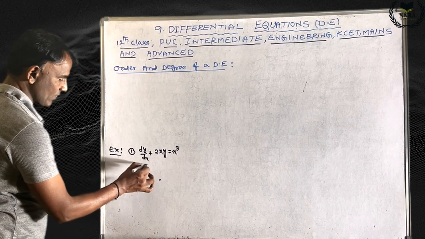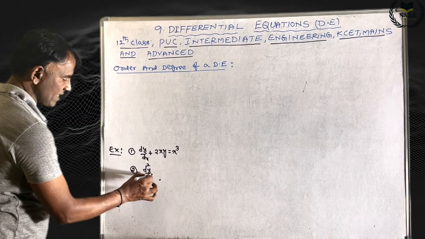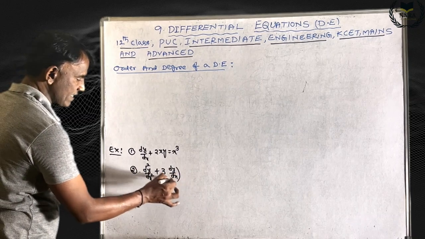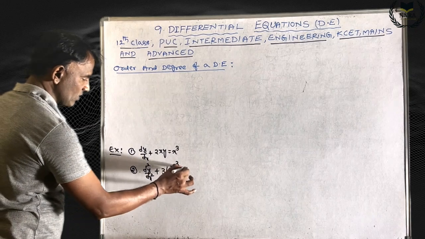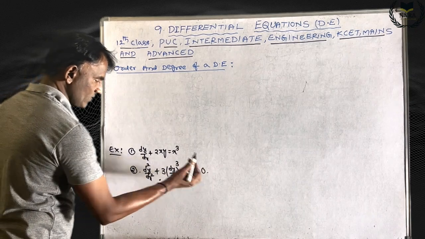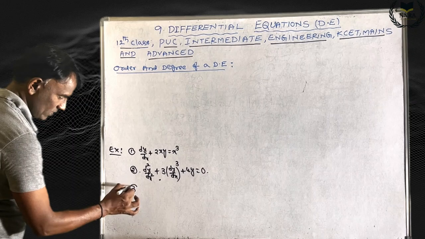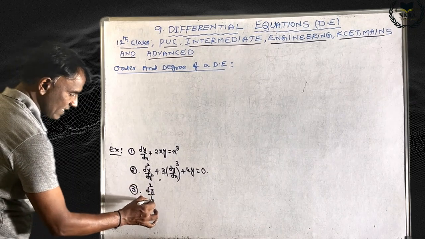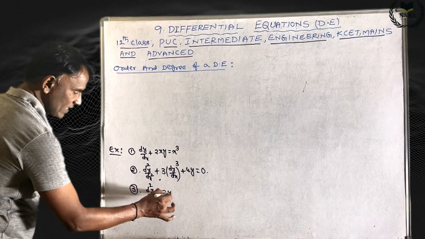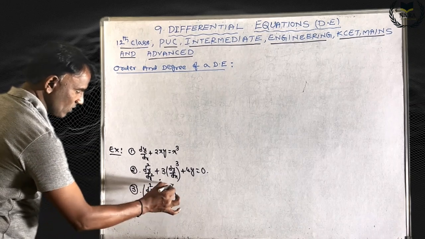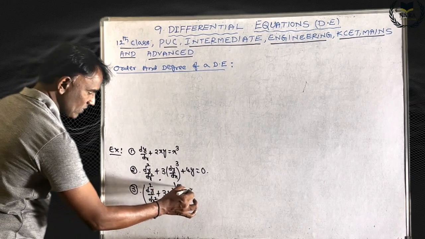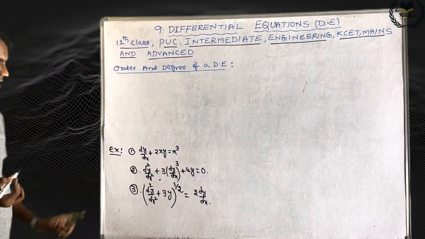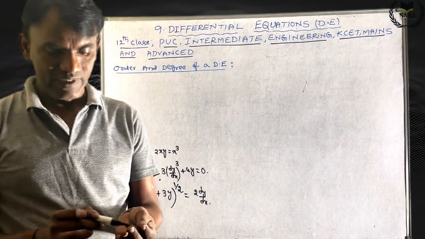Second one is d square y by dx square 3 dy by dx whole cube plus 4y equal to 0. Third one is d square y by dx square plus 3y whole power 1 by 2 equal to 2 into dy by dx. So these are the given three examples.